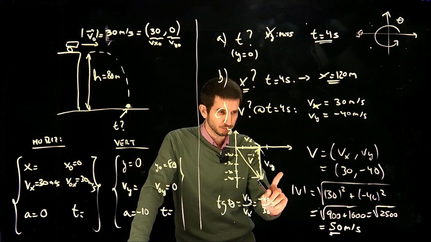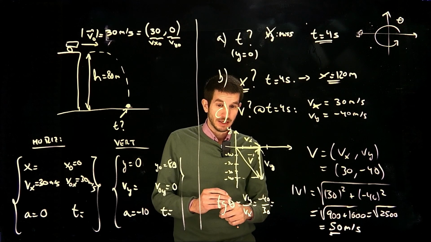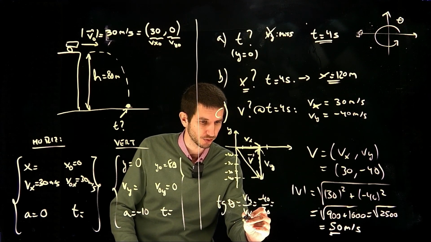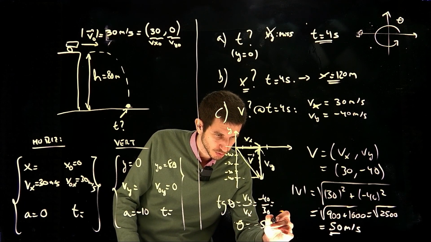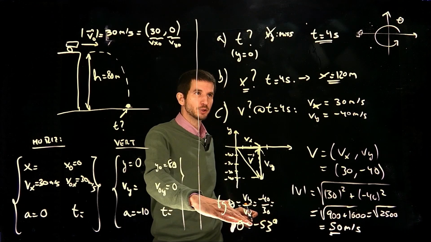Now, before we go on, we said we didn't answer the angle. If you make this division and you actually apply the arc tangent, you're going to find that the angle is going to be minus 53 degrees. So, what does it mean, minus 53?